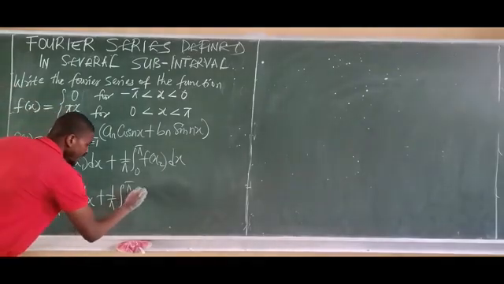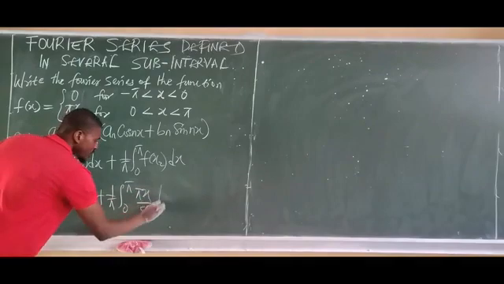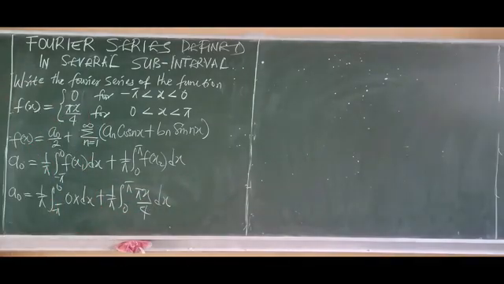So you have pi x all over 4 times dx. From here, a naught is equal to 0 times everything here, which automatically becomes 0.